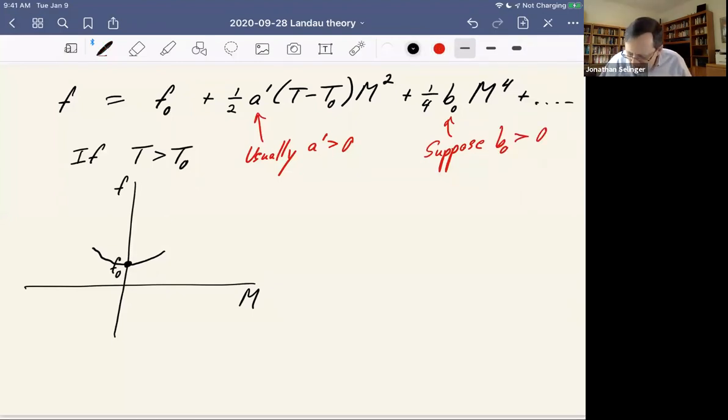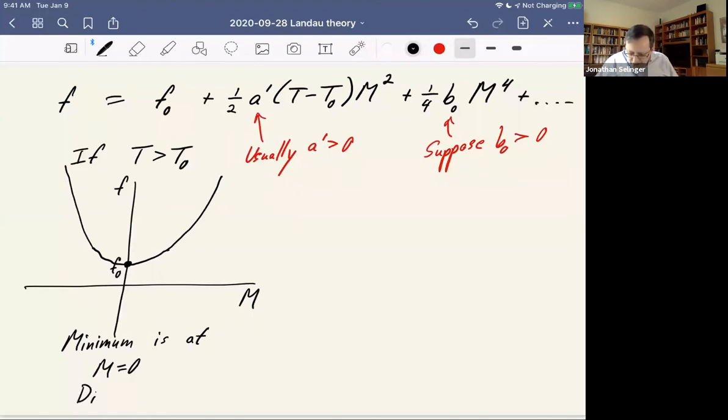In that case, the quartic term will make F go up even more. So we'll have a shape like that, okay? And then the minimum is at m equals 0. So this is the disordered phase.